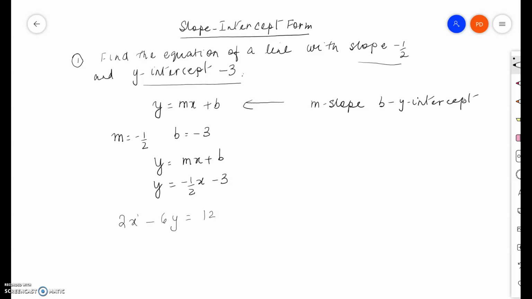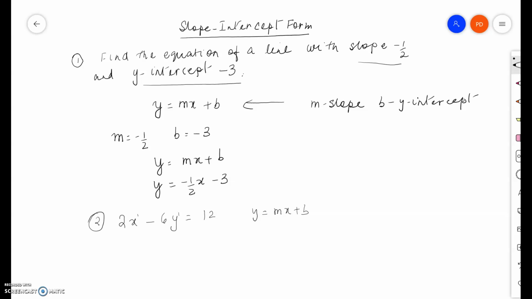Notice that the exponent on x is 1, the exponent on y is 1, so we know it's the equation of a straight line. Now, given the equation of a straight line, we can put the equation in the slope-intercept form, which is in the form y equals mx plus b. We can put it in that form and then find the slope and also find the intercept of this line.